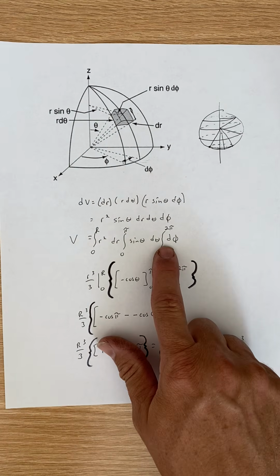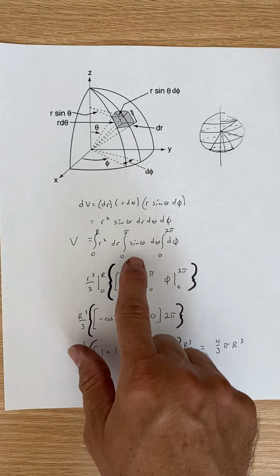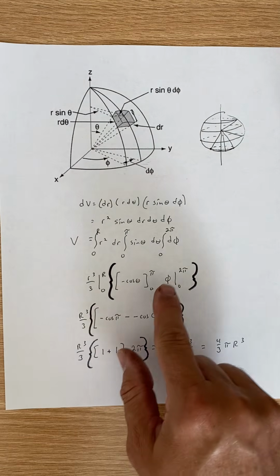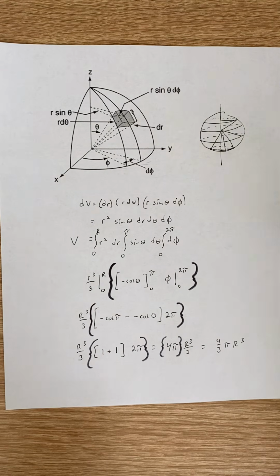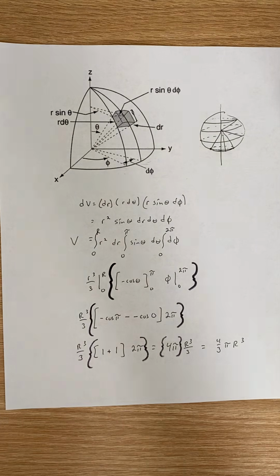Like if I had some sort of theta squared d theta, well then that's not going to give me 4 pi. But as long as I just have sine theta d theta from 0 to pi and d phi from 0 to 2 pi, that's going to give me 4 pi. It's a handy shortcut to have. But in general, you should be able to go through this. We'll see an example of when we might need that in the next video.